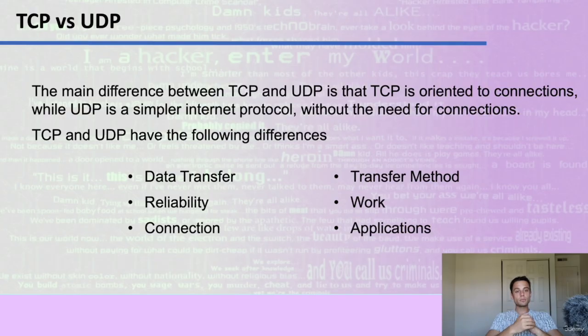Then the transfer method is also different because TCP reads data as a sequence, and the messages are transmitted within different segments. On the other side, UDP messages are data packets which are sent individually, and the integrity of those packets is verified only when they arrive.